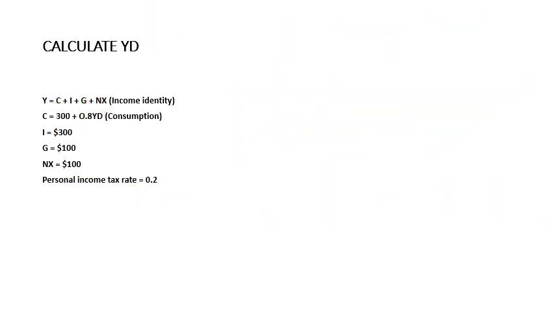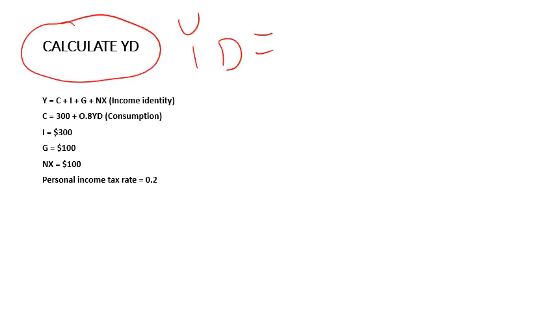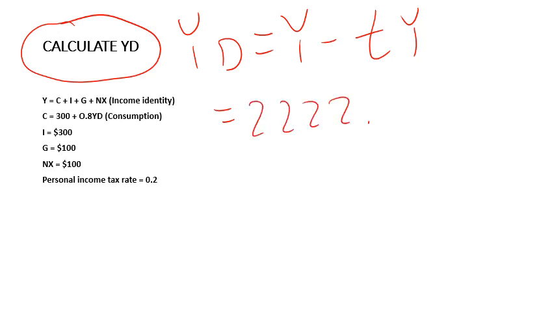Next step, calculate YD. So what's the equation for YD? Y minus TY. We've already calculated Y, 2,222.22, minus, what's T?